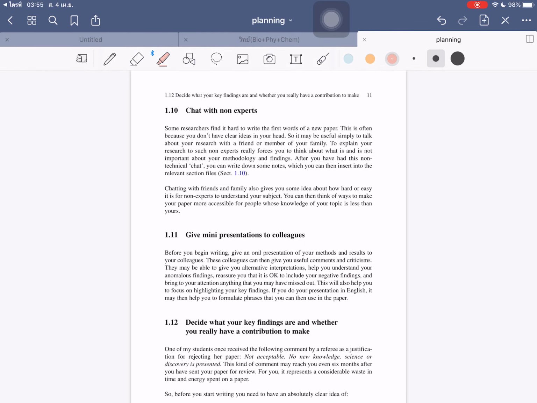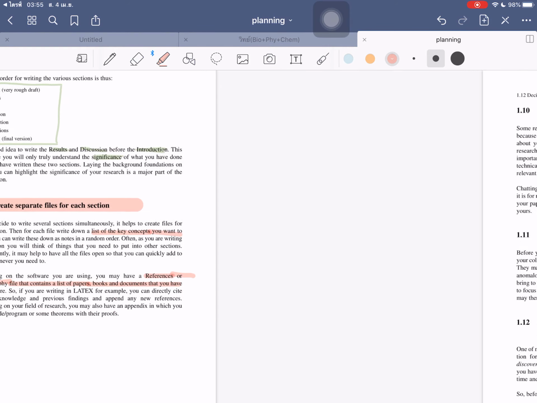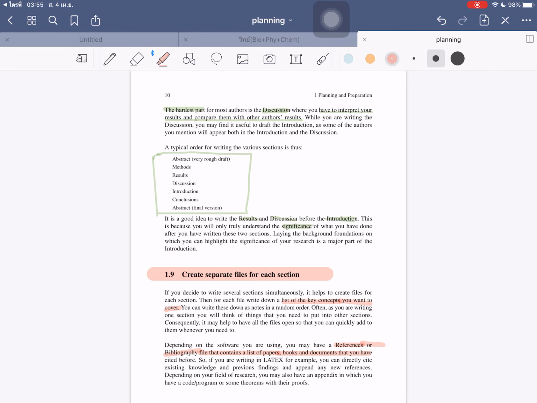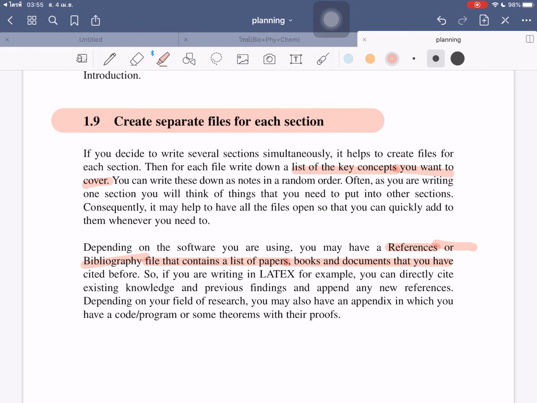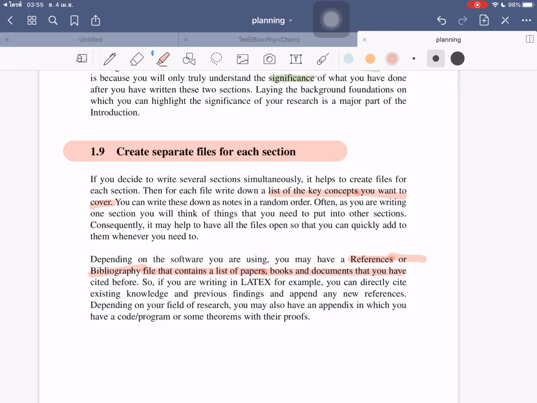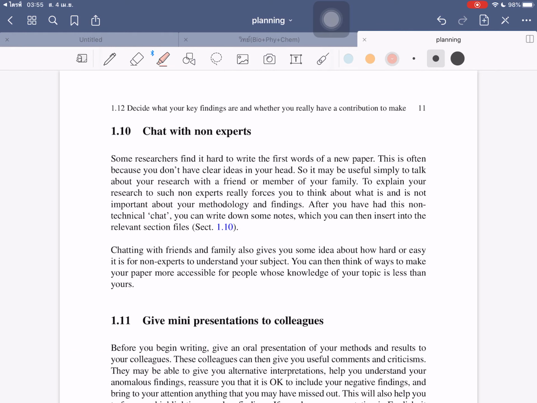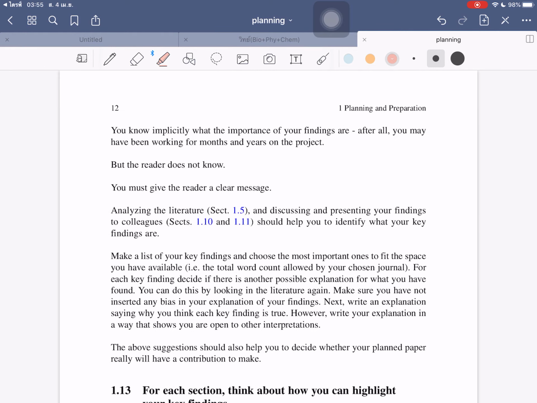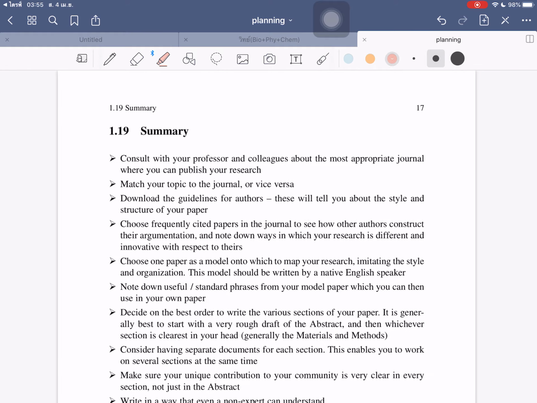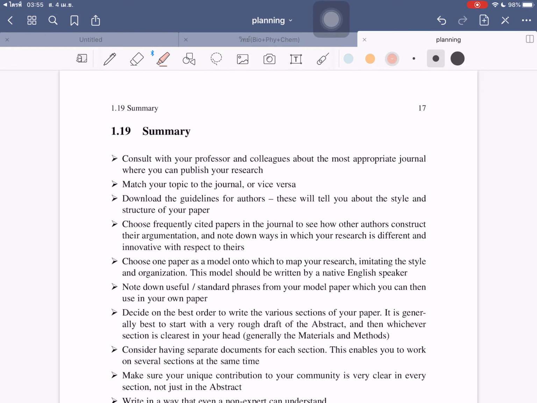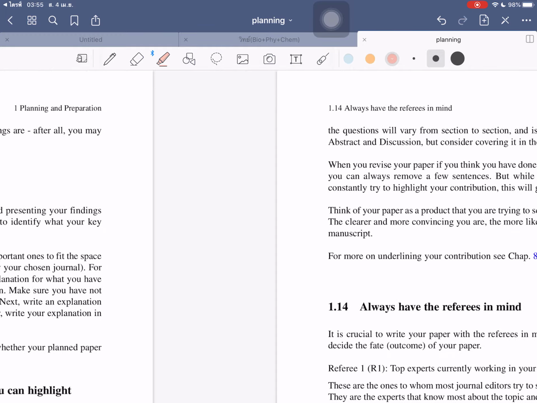All right, so I will take a short break from here, from 1.9, and then I will come back and continue with 1.10, 11, 12, 13, 14, all the way to 1.19. Let's take a break and stay tuned.